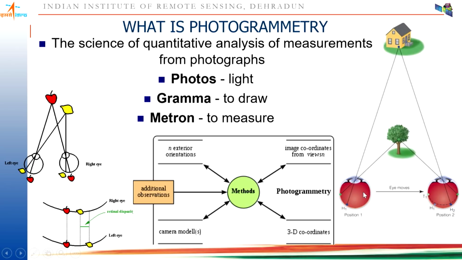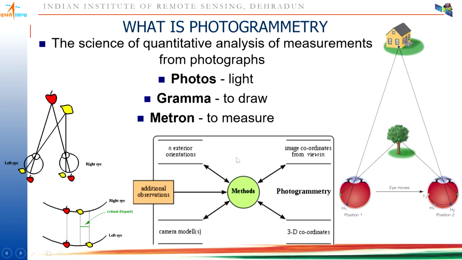From one camera, capture the photograph of the object. From the other camera, capture the photograph of the same object. Then, by doing certain processing, we can create the three-dimensional model of that particular area. This entire processing is called photogrammetry.